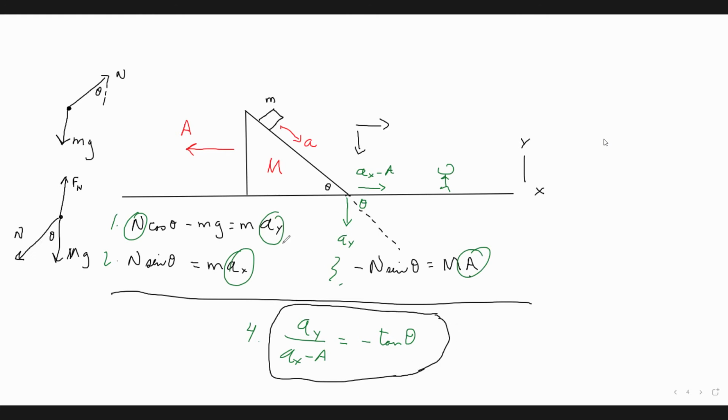But you might think about what it means. So we have ax minus A this way, ay here, we've got minus theta. If you draw yourself that little picture, you can sort of figure it out.